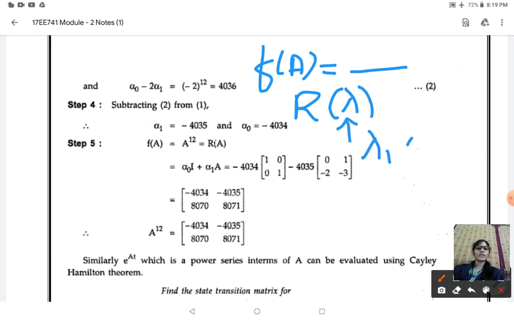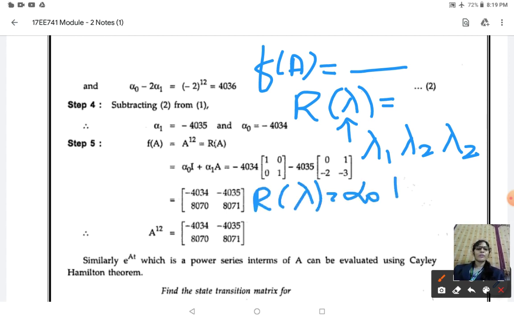Suppose you are getting 3 eigenvalues, lambda 1, lambda 2, lambda 3, then the remainder polynomial equation is going to be alpha naught plus alpha 1 lambda plus alpha 2 lambda squared, likewise, is equal to the function that you are going to identify.